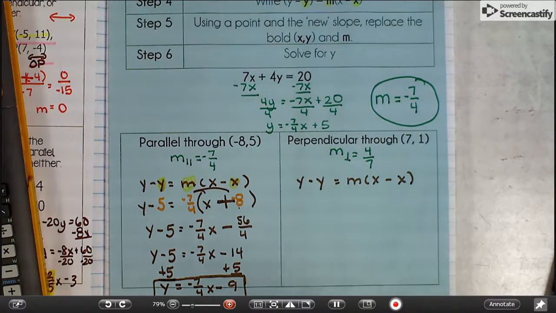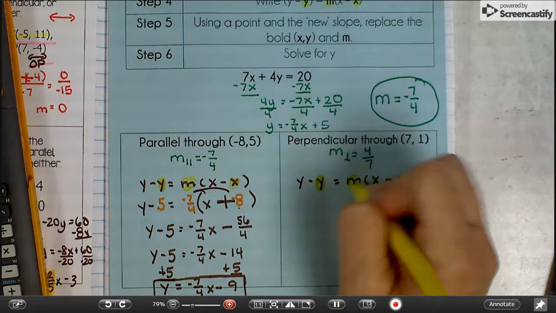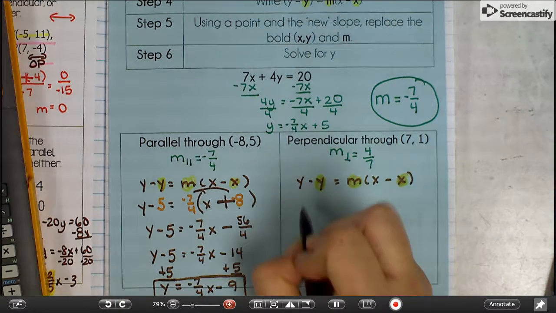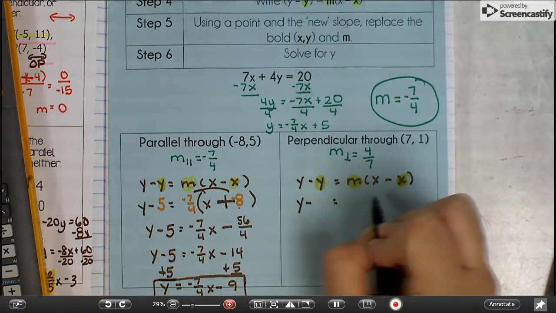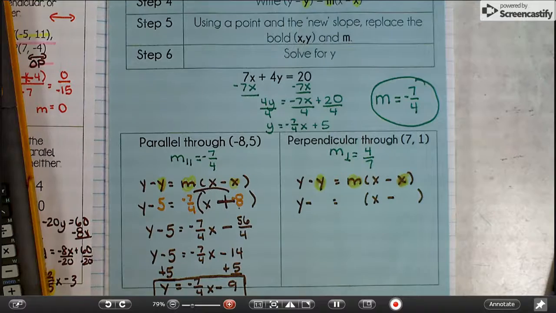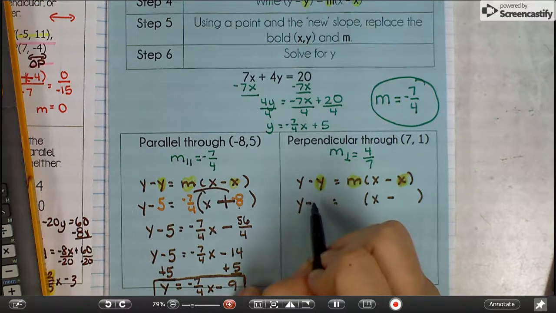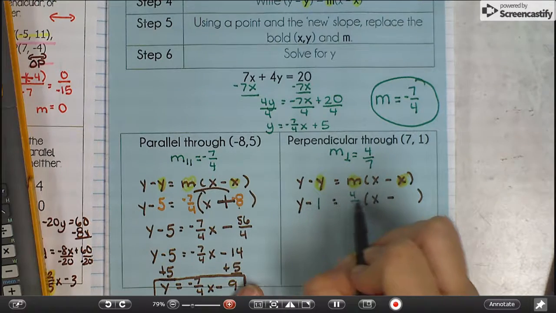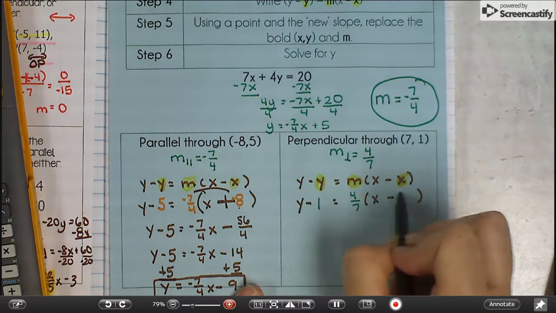Remember that we are replacing these 3 parts. So we're going to keep our y minus, our equals, our parenthesis x minus, and we're going to fill in the other things. y is 1. The slope is 4/7, and x is 7.